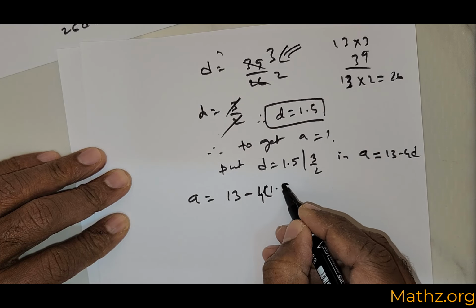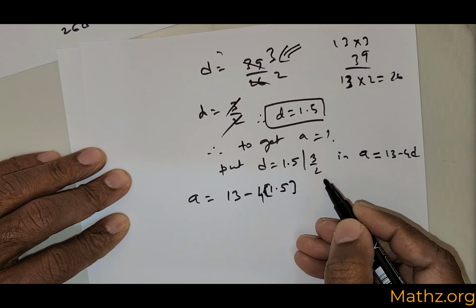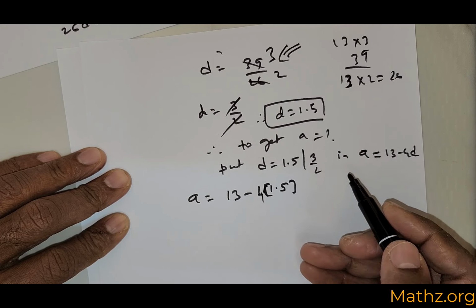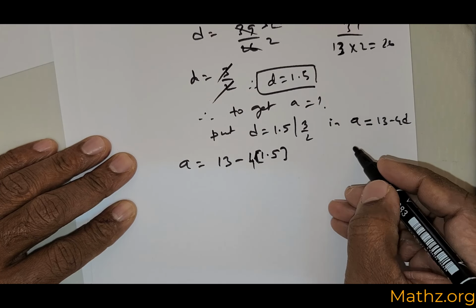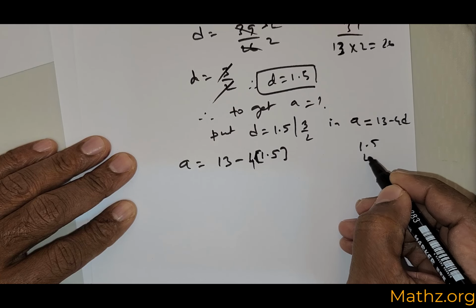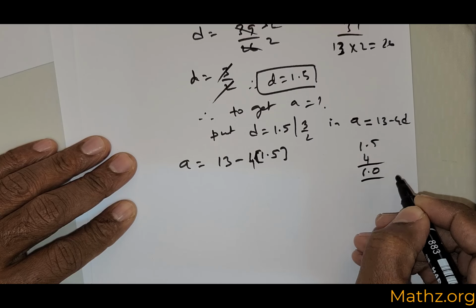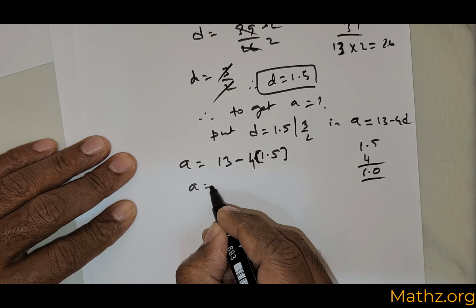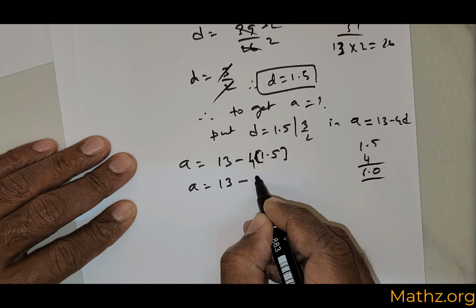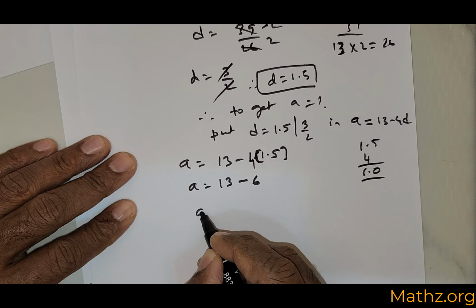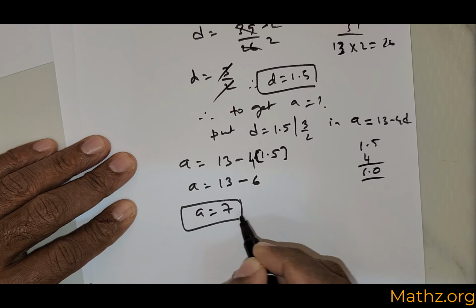Now d is 1.5, you substitute that. It's up to you whether you want to substitute 1.5 or 3 over 2. I am substituting 1.5 because I know 1.5 when multiplied with 4 would give me 6.0. That's a neat number. So a is equal to 13 minus 6, which means a is equal to 7.